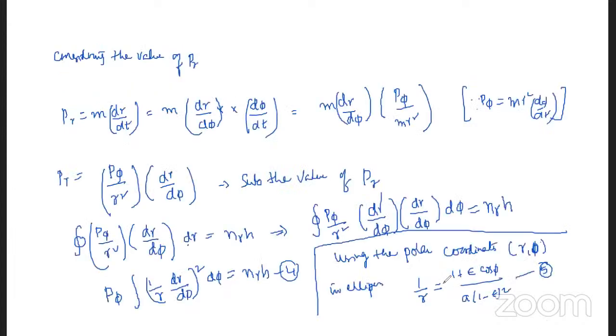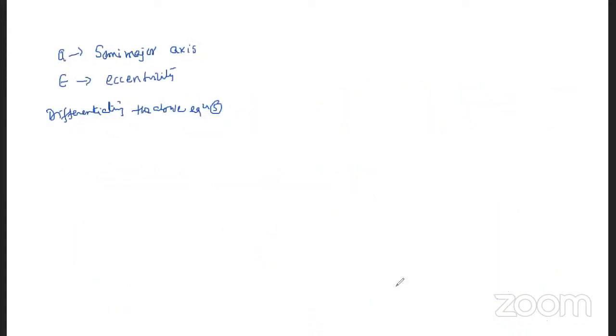If you differentiate it, we get 1 by r square into dr by d phi, which will be equal to epsilon times the differentiation of cos phi, which is sin phi. So epsilon sin phi by a into 1 minus epsilon whole square. We make this equation number 6.